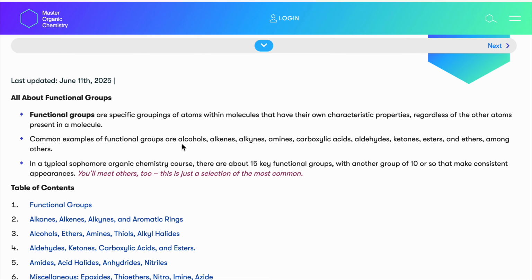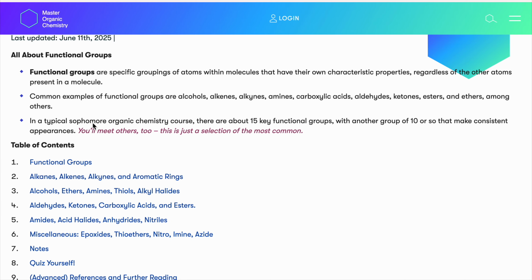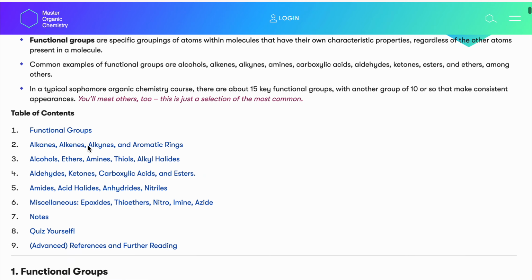Common examples of functional groups are alcohols, alkenes, alkynes, amines, carboxylic acids, aldehydes, ketones, esters, and ethers, among others. In a typical sophomore organic chemistry course, there are about 15 key functional groups with another group of 10 that make an appearance.